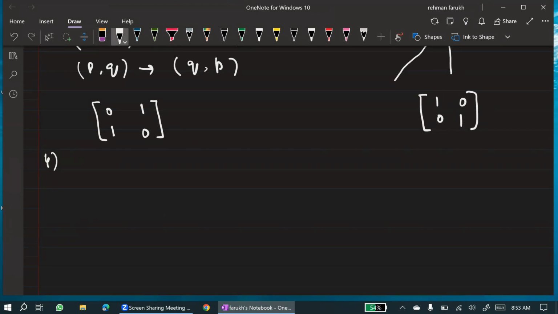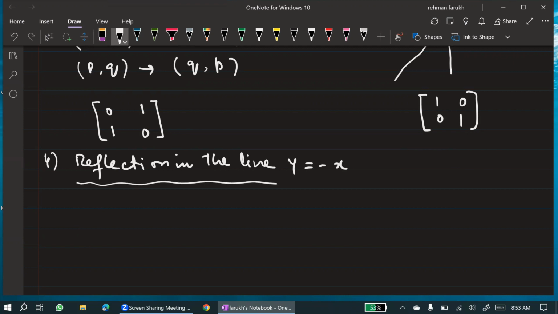Now, the fourth important reflection: reflection in the line y is equal to minus x. This one is the line y is equal to minus x.